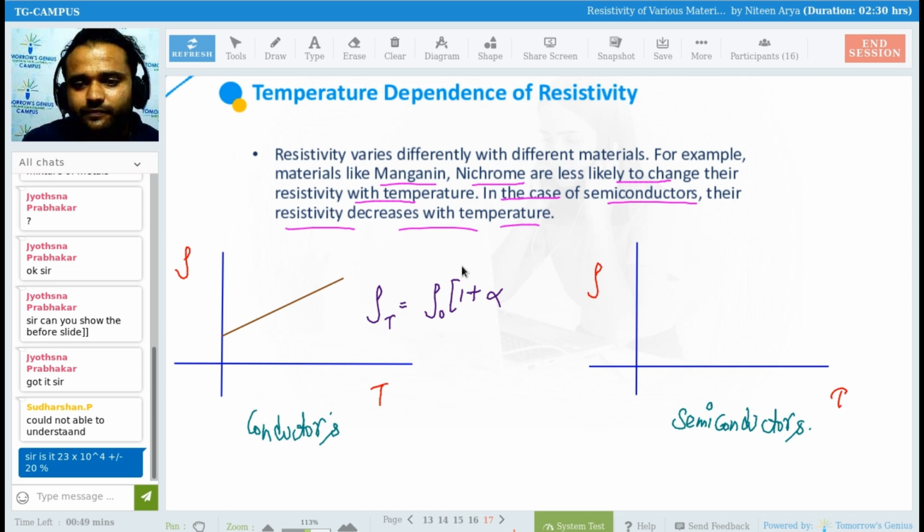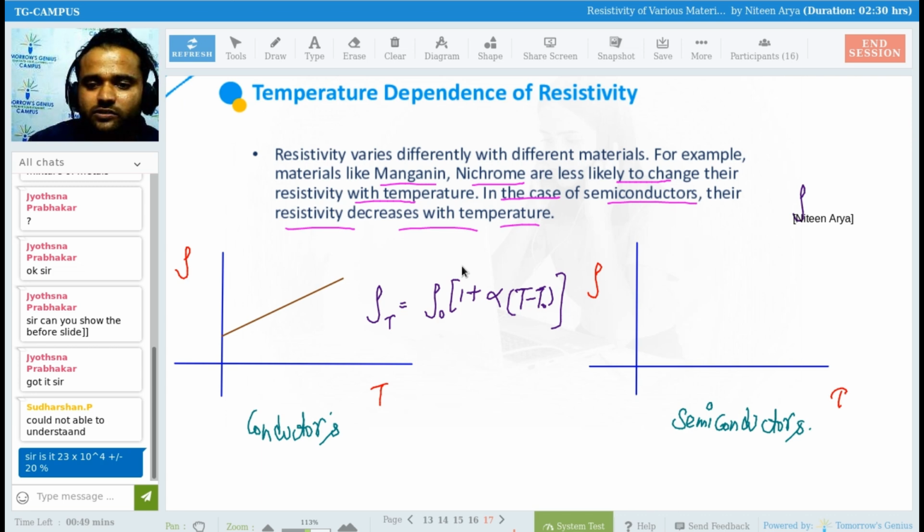Yes, beta, it does, but how? Directly, linearly, non-linearly, inversely, in which way? This is your semiconductor, this is your conductor. Is it going to be in this way? Semiconductor resistivity decreases as temperature increases. Yeah, I know this, but in this way, beta?